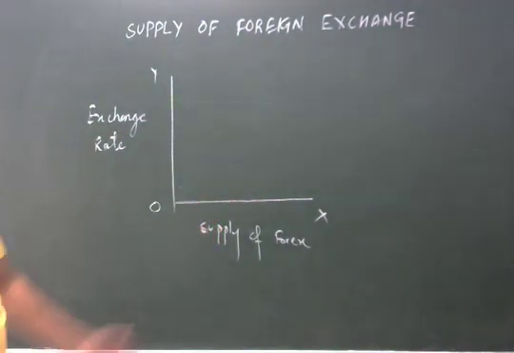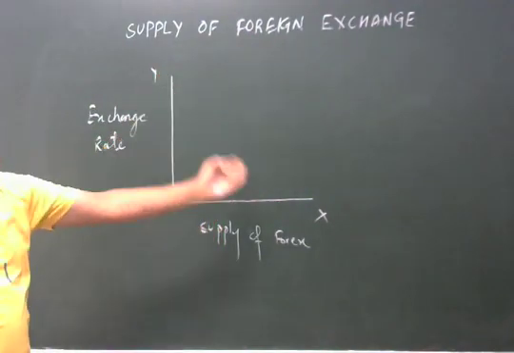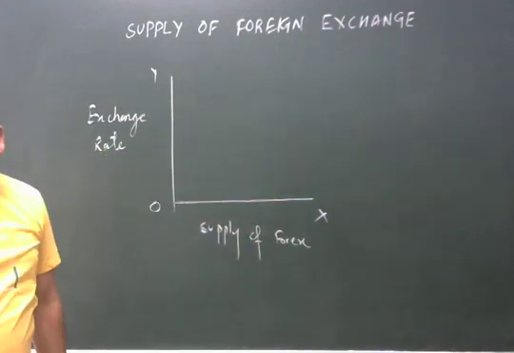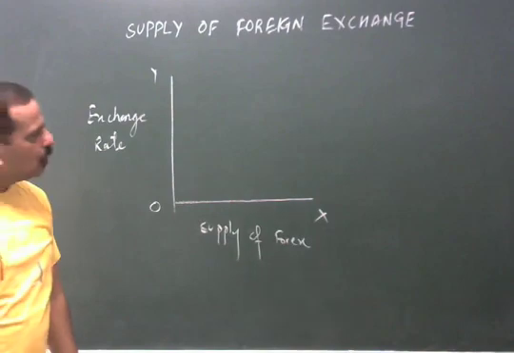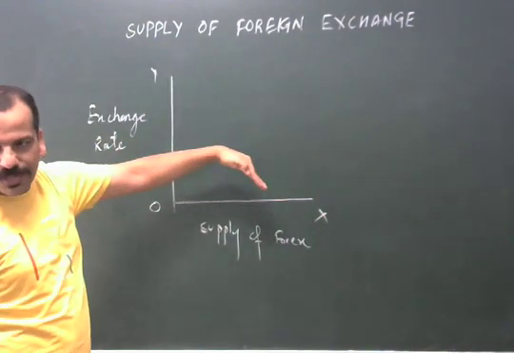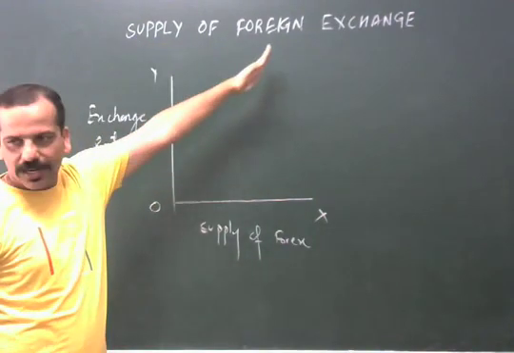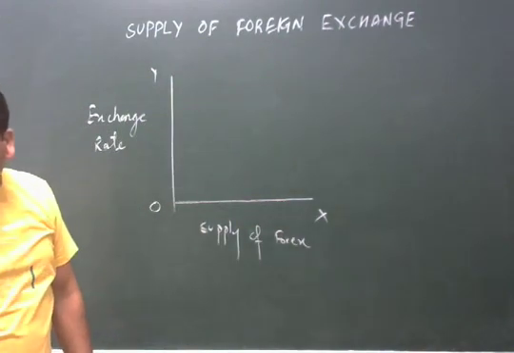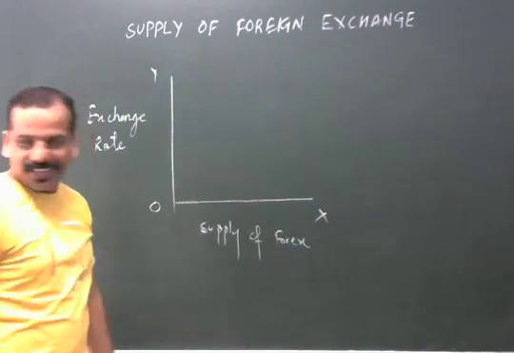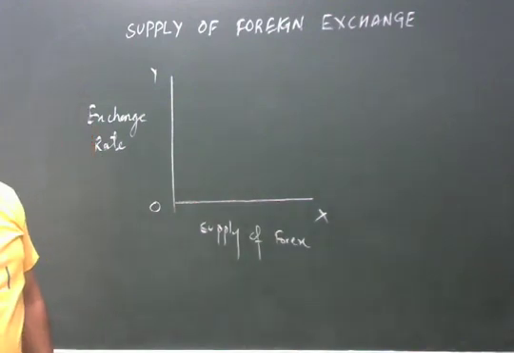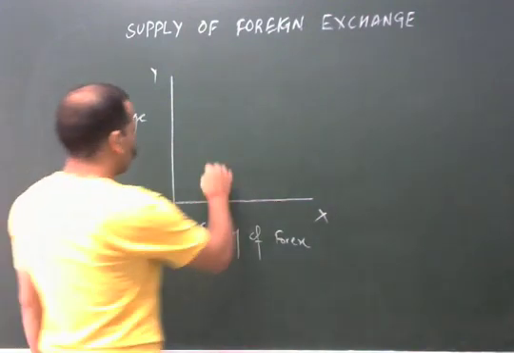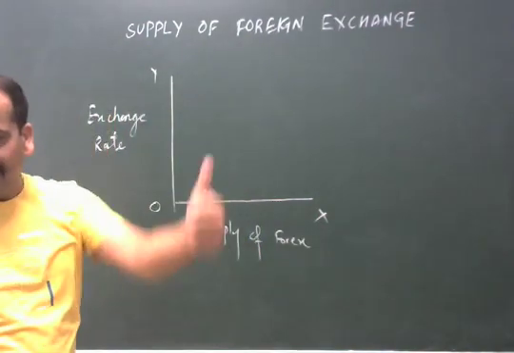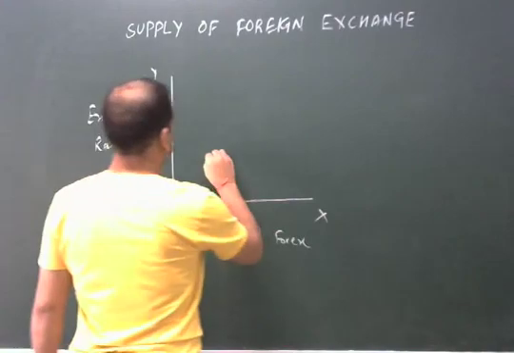Sanket, let me know: should I draw the supply curve like this or this way? Should it be landing of the aeroplane or take off of the aeroplane? Khushi, upward. Okay, good job, Sanket.